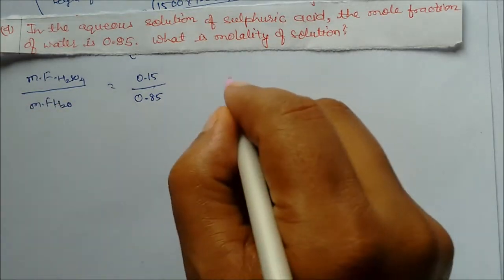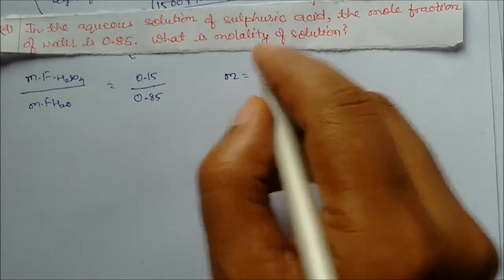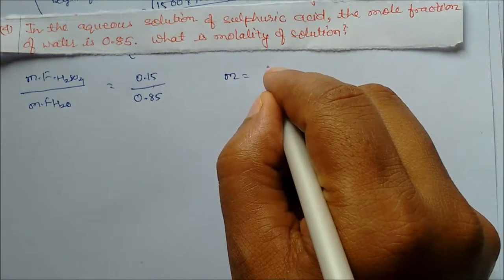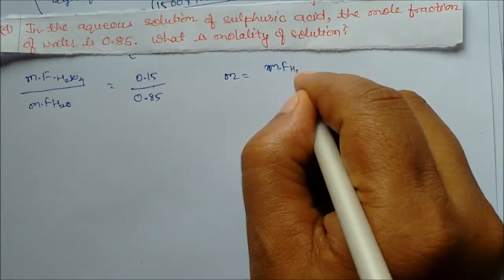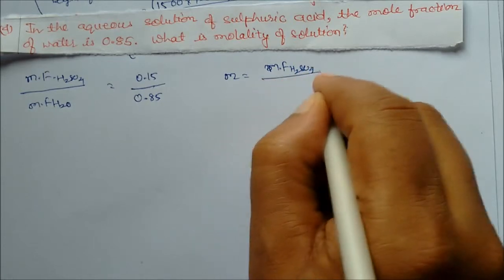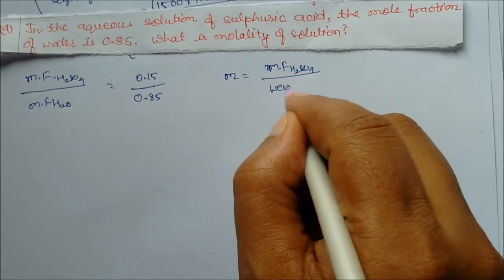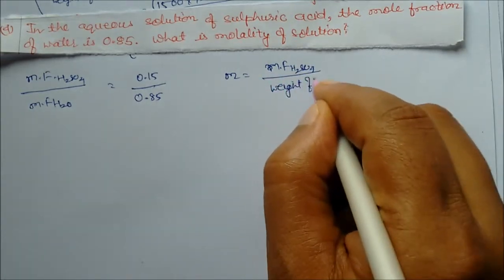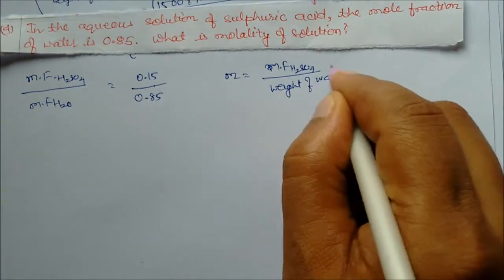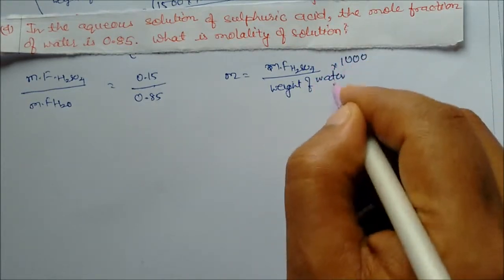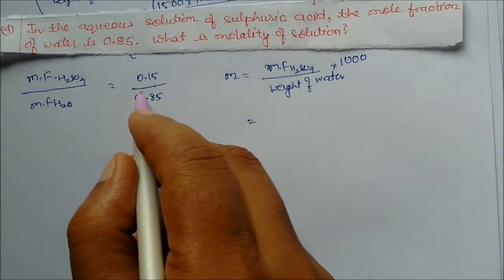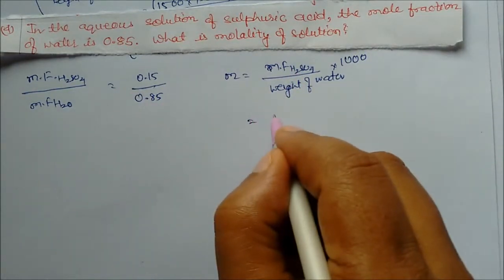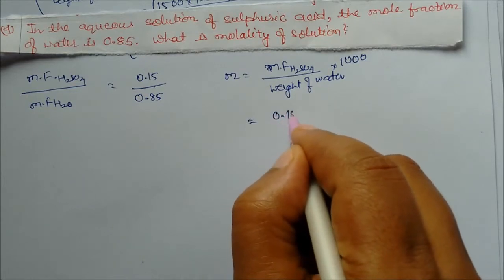Again, what is molality? Molality is nothing but the moles of H2SO4 divided by the weight of water, multiplied by 1000, supposing this is in grams. So we write moles of acid as 0.15.